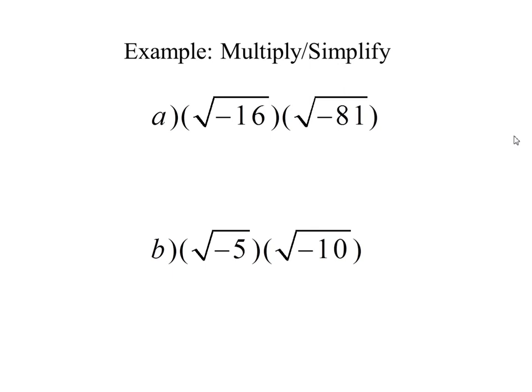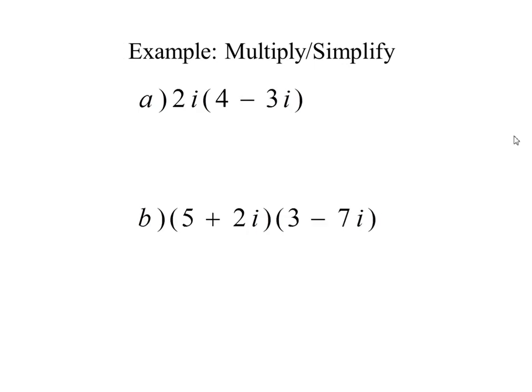You have 4i times 9i. So either way. So, anytime you see a negative in the radical, what are you going to do? Pull out an i. Anytime you see a negative underneath the radical, you are going to pull out an i.